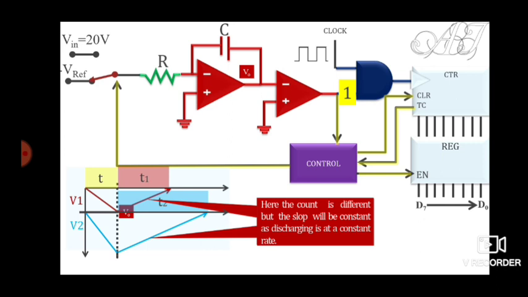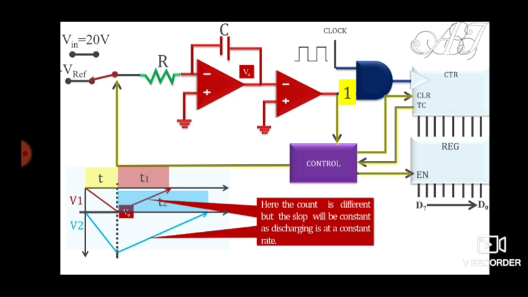So the time taken by the capacitor to discharge will obviously be greater. What I mean to say is that if I take small values of input, the capacitor will charge to smaller values, and the time required to discharge the capacitor will be smaller. But if I take larger values, the capacitor will charge to higher values, and the time taken to discharge will be comparatively high.